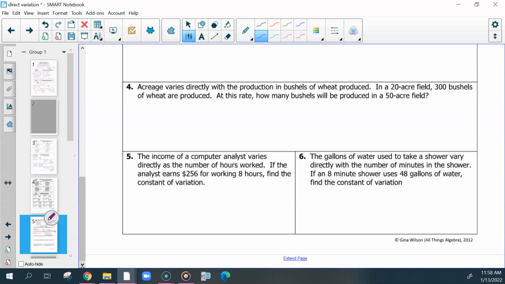For number 5, the income of a computer analyst varies directly as the number of hours worked. If the analyst earns $256 for working 8 hours, find the constant of variation.